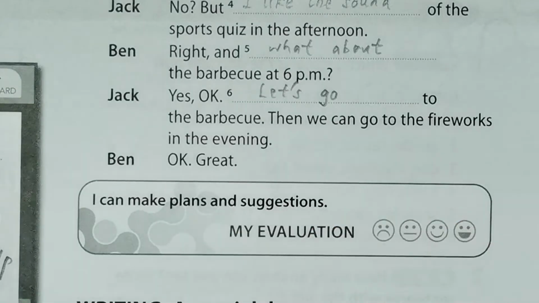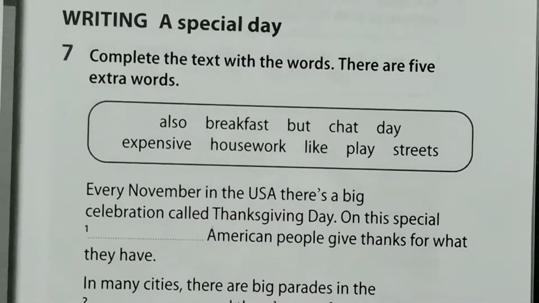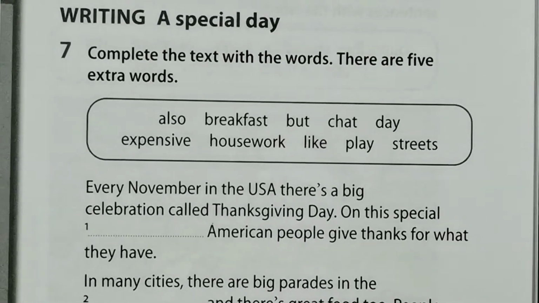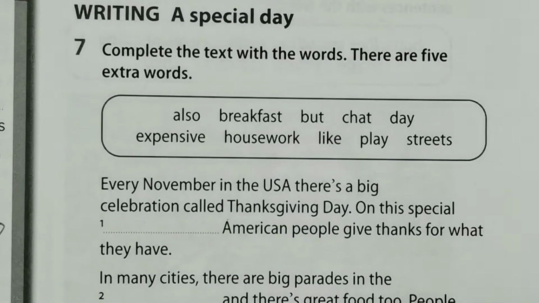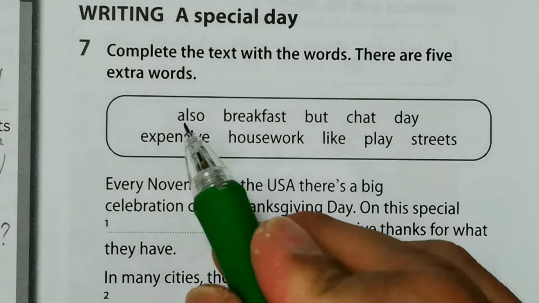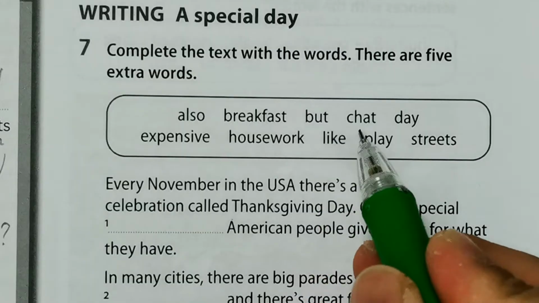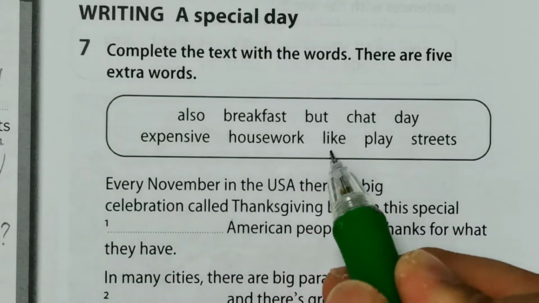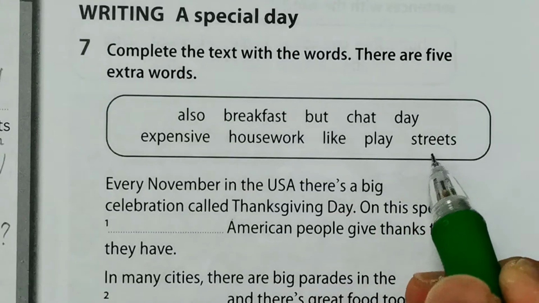Okay, great. So next, writing, special day. Activity 7, complete the text with the words. There are 5 extra words. So we have: also, breakfast, but, chat, day, expensive, housework, light, play, streets.